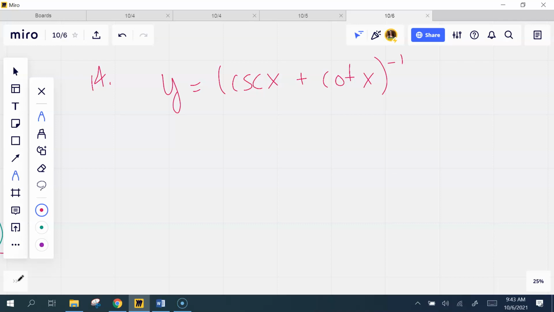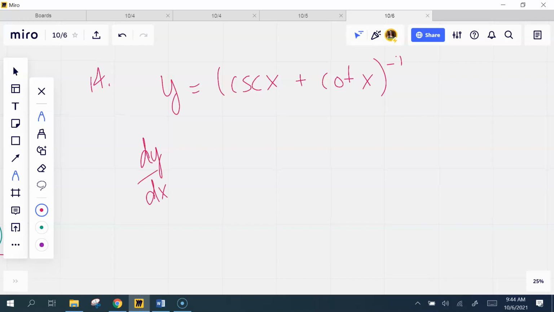Find the derivative, or find dy/dx. All right, let me do it. There's no inside, it's all inside, but look at what's outside: an exponent. Instead of quotient rule, I could do the power rule.